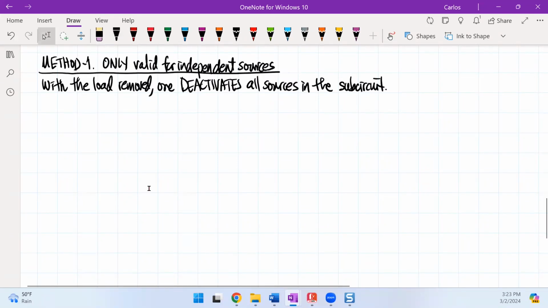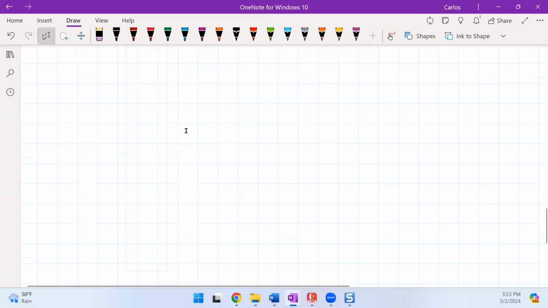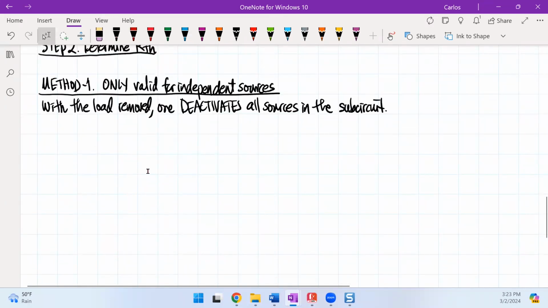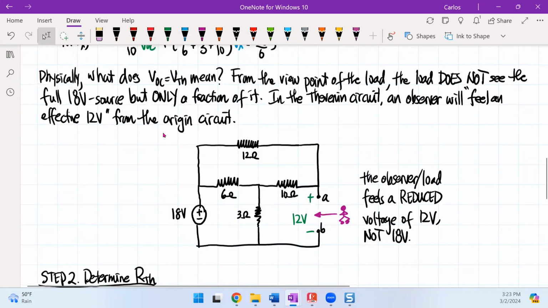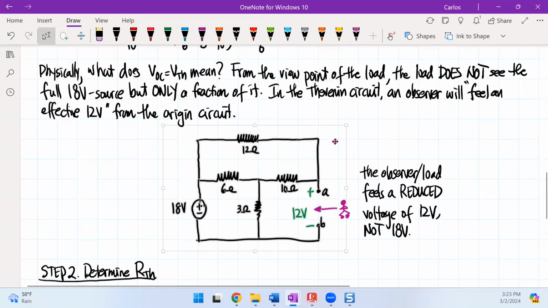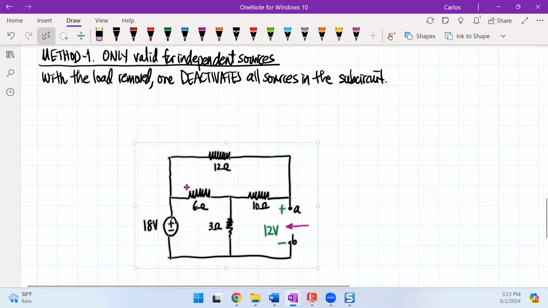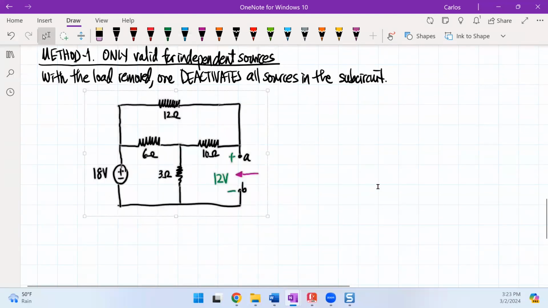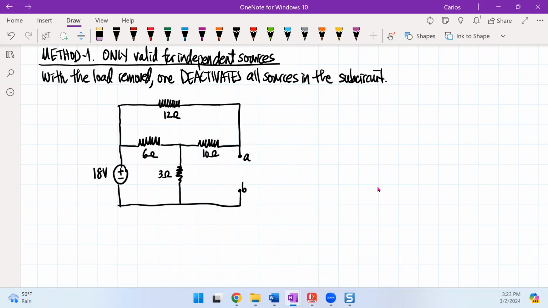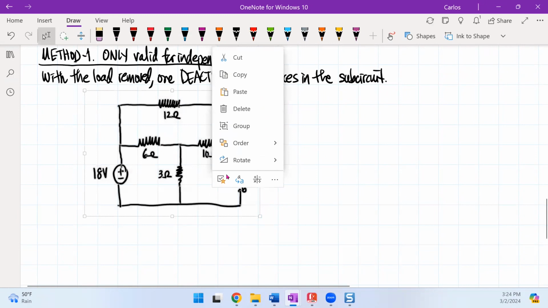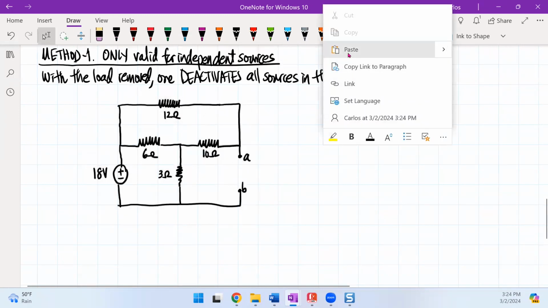Let's see if I have that circuit. I don't have that circuit. I'm going to come here and copy this circuit. So here's our circuit. What we need to do now is deactivate the sources. And so we need to short out the voltage source.